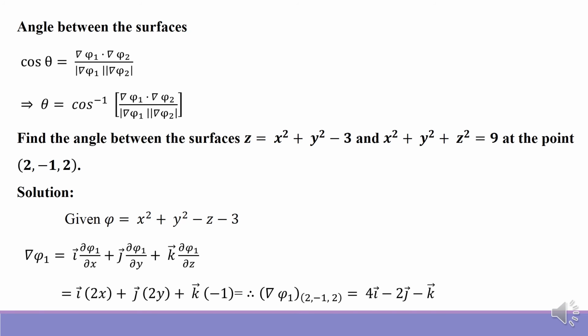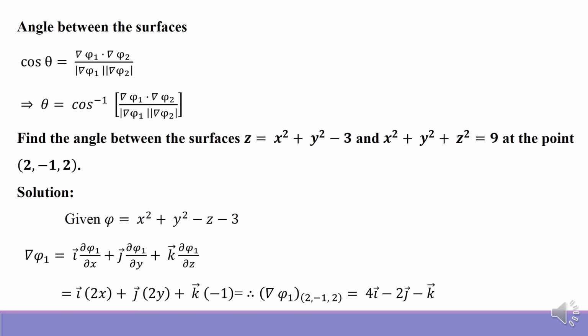Next, very important, the angle between the surfaces. Here φ1 and φ2 be any two surfaces. Then the angle between the two surfaces is cos theta equal to ∇φ1 dot ∇φ2 by modulus of ∇φ1 into modulus of ∇φ2. Let φ1 and φ2 be any two surfaces at the given point.